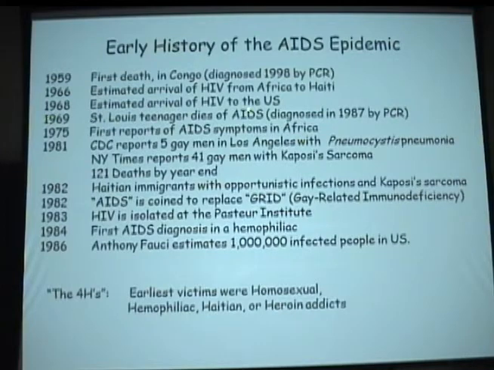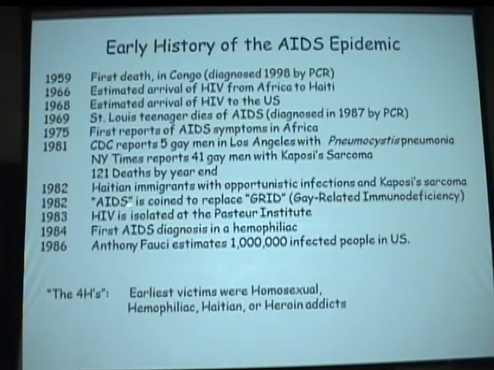Many years later, a sample of blood was diagnosed as having HIV. So the first infections began to happen about that date. Then in 1981, 13 years later, we begin to see an epidemic: 121 deaths by the end of the year. That's when I became aware of it.